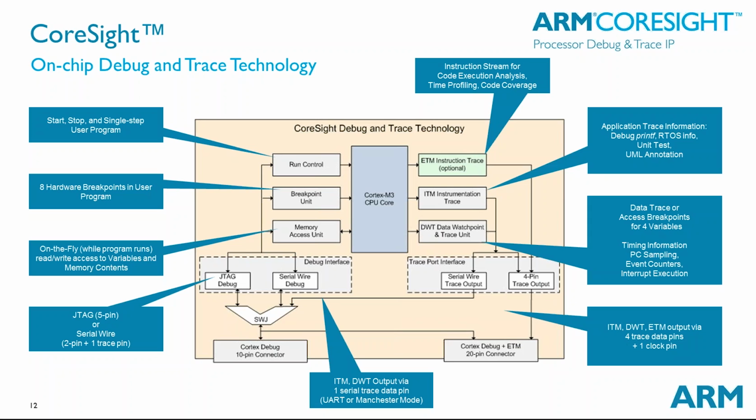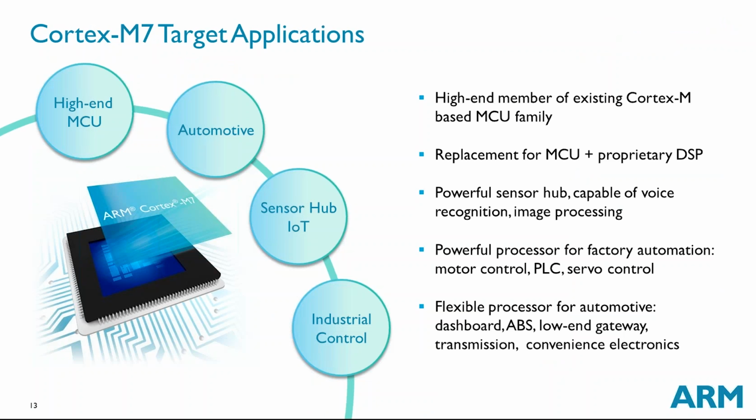Now, after this general introduction to the ARM Cortex-M MCU architecture, we'll take a look at the newest core, the Cortex-M7, and its new key features. The M7 is the high-end member of the Cortex-M family, and it's targeted at various markets as a replacement for the often used combination of an MCU with a proprietary DSP.